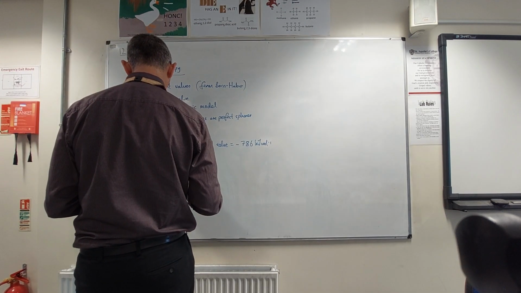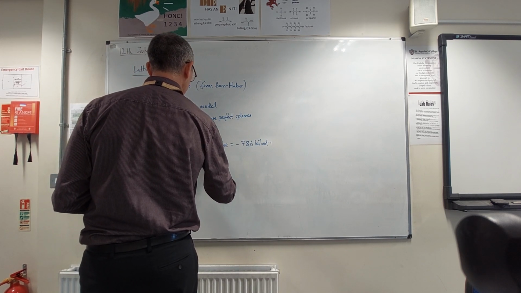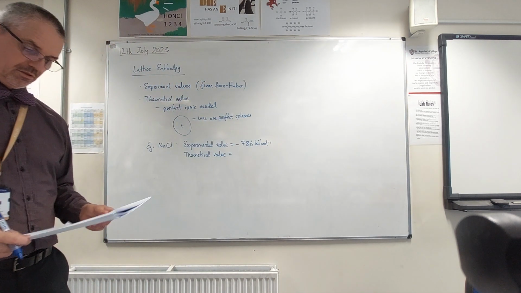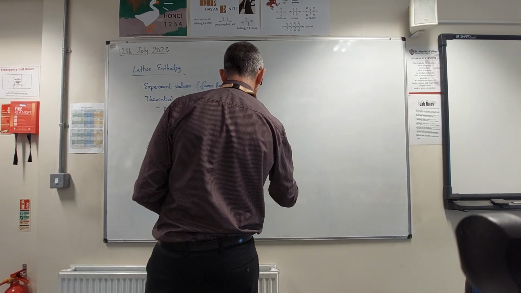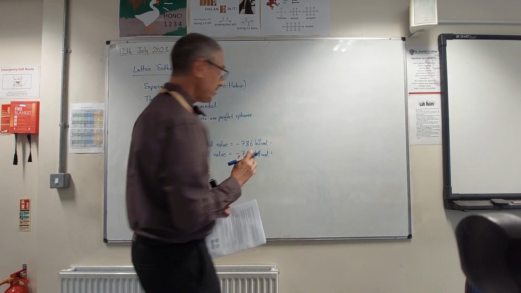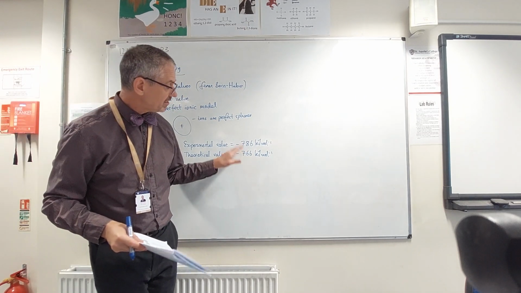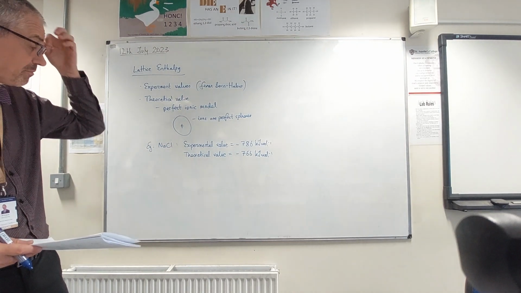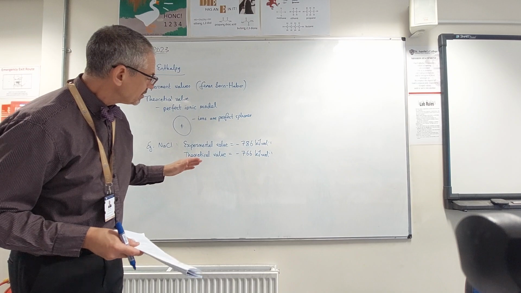The theoretical value using the perfect ionic model, so the pen and paper version, is minus 766. Okay, not exactly the same, but not bad. The difference there, it's less than 5%, isn't it? It's pretty small. So what does that tell us?